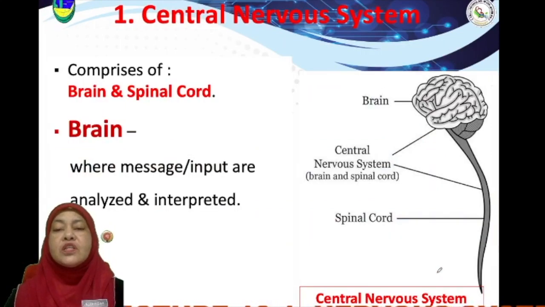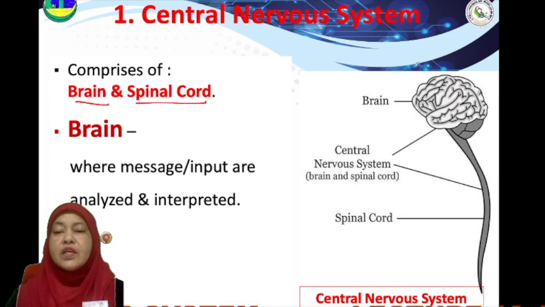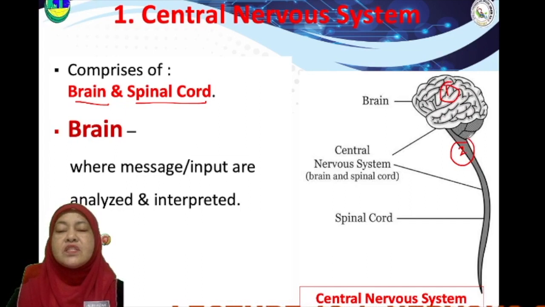Let's start with our first type, the central nervous system. The central nervous system comprises two important structures, our brain and the spinal cord. You can see here the priceless organ, the brain, which is connected to the spinal cord as the central nervous system.